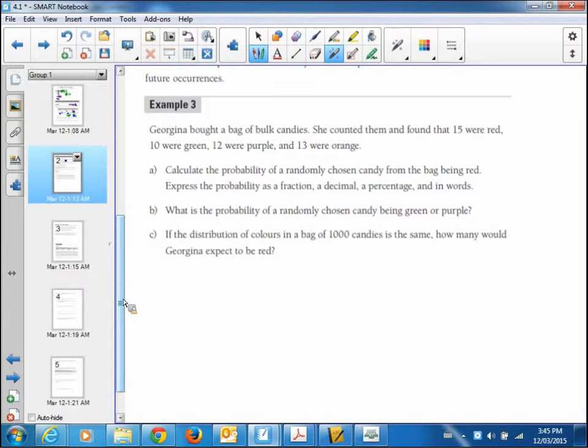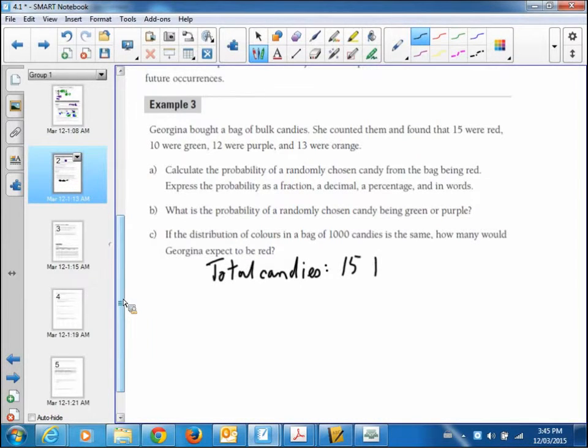Now, first of all, we've got to figure out how many candies there are total. Even though that's not asked directly, we need that. Total candies before we even start. And that is our 15 red, 10 green, 12 purple, 13 orange.